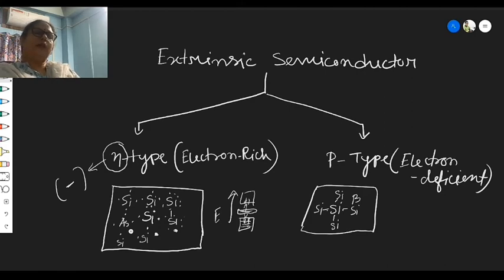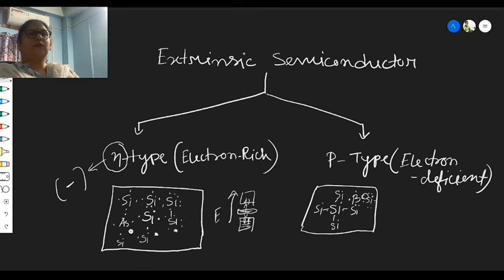Now if we add one new impurity element, boron, which is present in group 13 and has 3 valence electrons, then with another silicon here, this side becomes vacant.